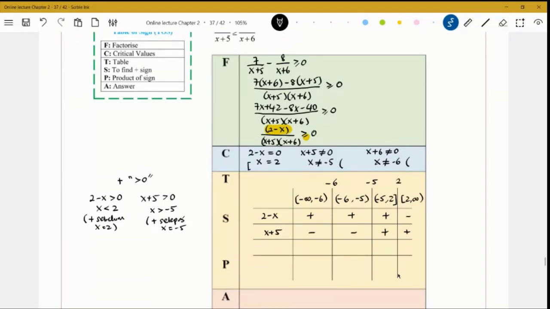And then another one factor x plus 6 more than 0, x more than negative 6. So it's going to be positive sign selepas x equal to negative 6. So we have it x plus 6 plus plus plus. It's going to be minus here. So product of sign plus minus plus minus.